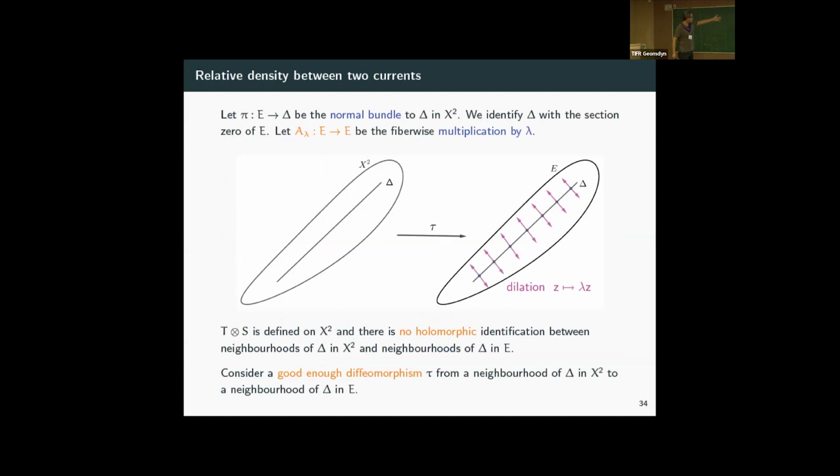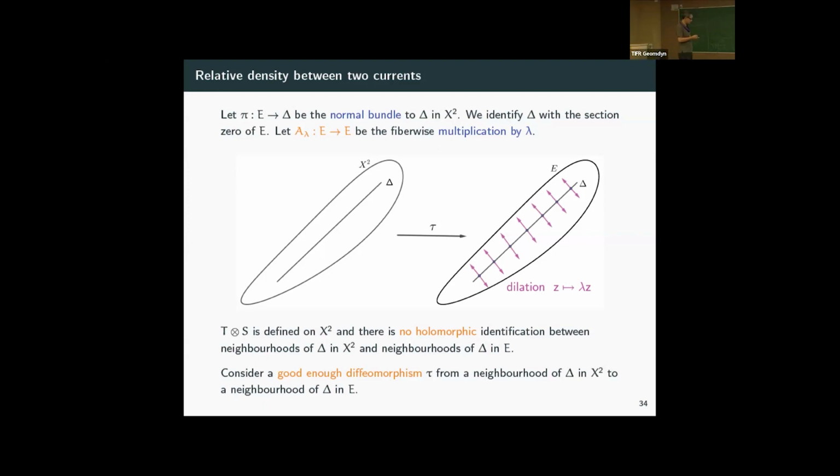So you can bring them to this picture of a normal bundle, vector bundle of delta. But you have to use some map which is not holomorphic, but you can choose the one which is close to holomorphic, which means that you take the derivative on the diagonal, you have some C-linear map.